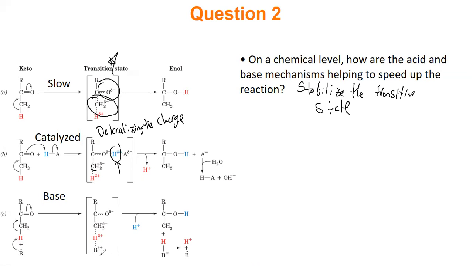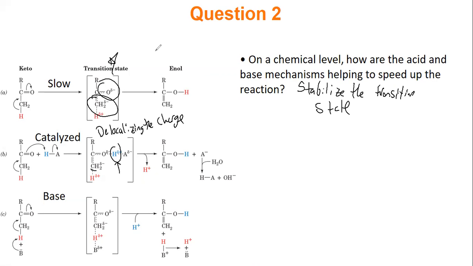And the base is basically doing the same thing here, but here we're pulling the hydrogen from the carbon. In the acid form, we're giving a hydrogen to the oxygen. In the base form, we're pulling a hydrogen from the carbon, but it's the same idea. Stabilize the transition state is the main point to get across. How exactly is that happening?